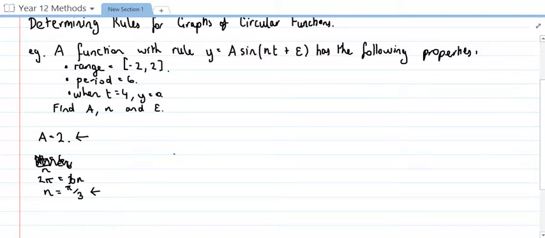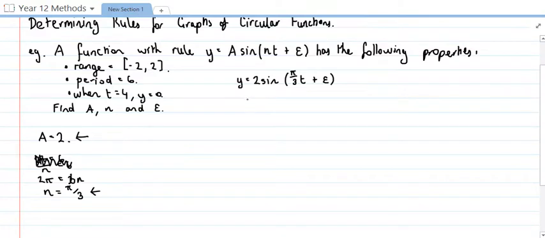Right, so after that we have a little bit of a difficult bit of working out to do, and I'm just going to go through that. To start off with, I'm going to write down the rule. What I know of it so far: y equals 2 sine pi on 3 t plus, is that epsilon or something? I don't know.